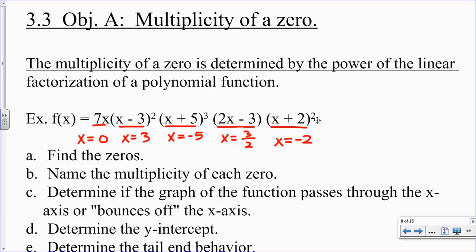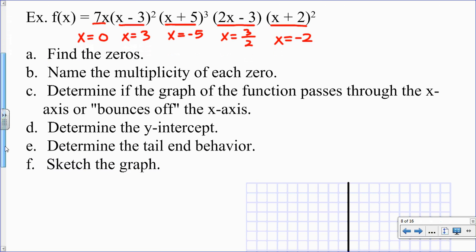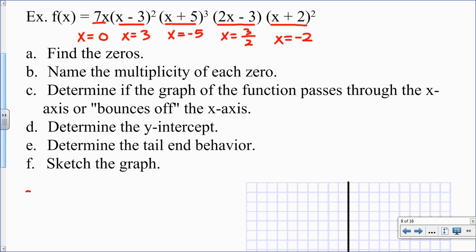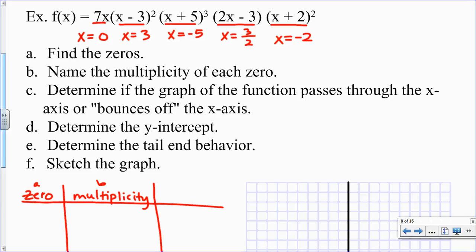I want to go through then and name the multiplicity of each zero. So to do that, I'm going to make this chart. So here's where I list the zero. This is part A. Multiplicity. Part B. And then part C asks about what happens at those zeros.